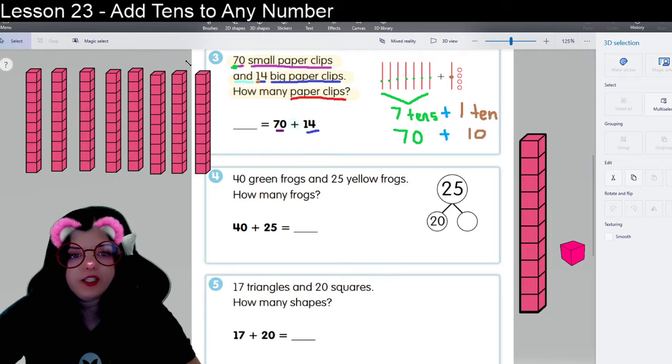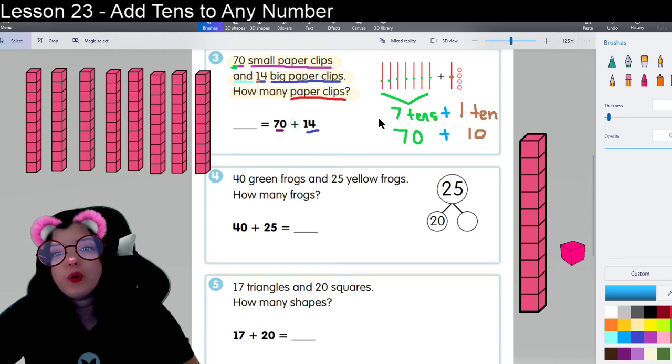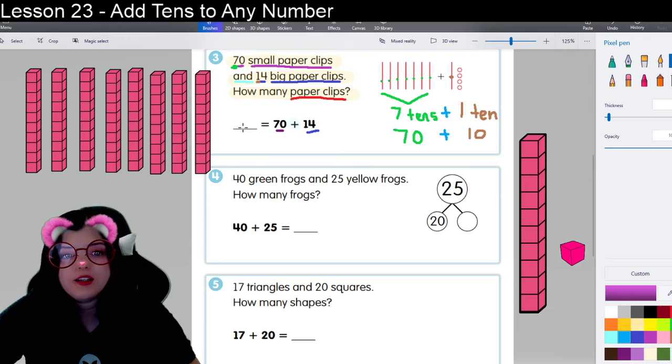How many groups of 10 do we have in all? Let's count. 1, 2, 3, 4, 5, 6, 7, 8. Yes, because 1 more than 7 is 8. So we now have 8 groups of 10.